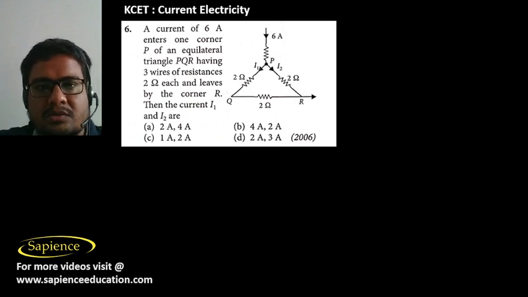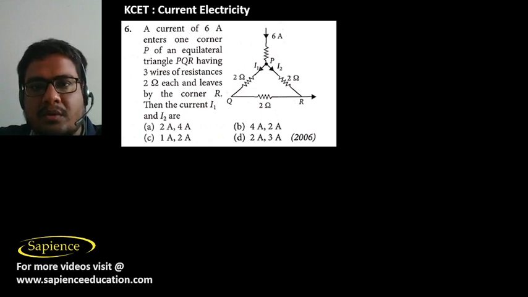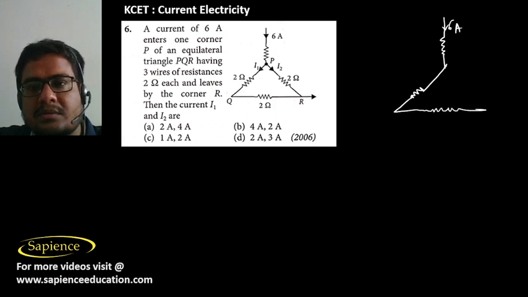Then in question number 6, it is told a current of 6 ampere enters one corner P of an equilateral triangle. Now this is 2 ohm, this is also 2 ohm, this is also 2 ohm. This is I2, this is I1.